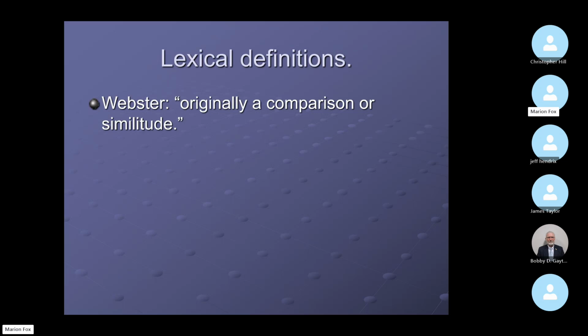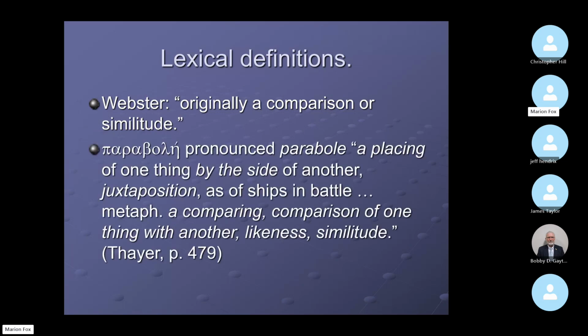Webster defines a parable as a comparison or similitude. Okay, that's what he defines it as. Parabole is the Greek word we get our word parable from in English. It's a placing of one thing by the side of another, or juxtaposition, as of ships in a battle. Metaphorically, the word means a comparison of a thing with another, a likeness or a similitude.